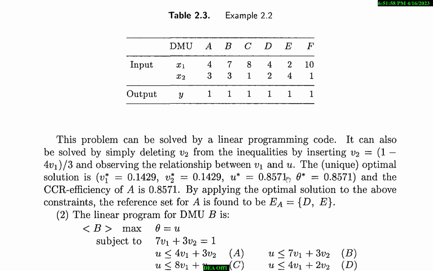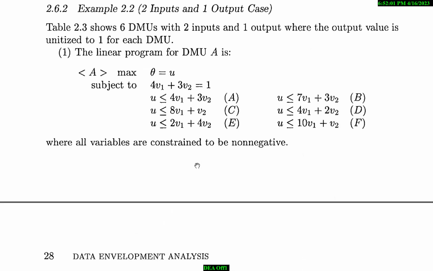For this optimal solution, the constraints of D and E, when you put in the optimal values, are in equality form, which means if you multiply 2 by the first component of V star plus 4 multiplied by the second component of V star, it will be equal to U star.